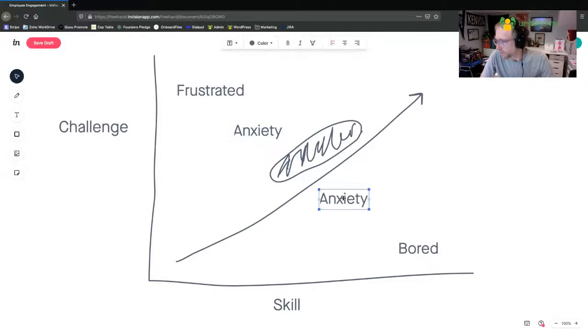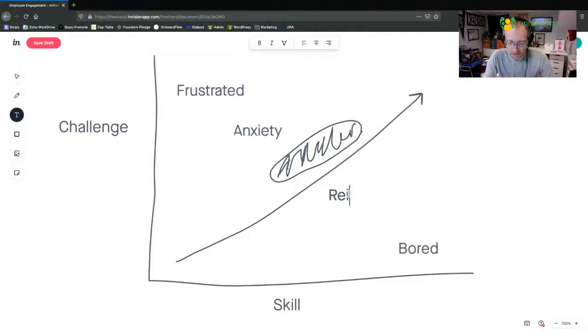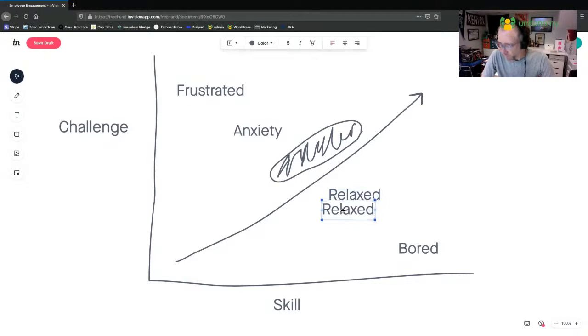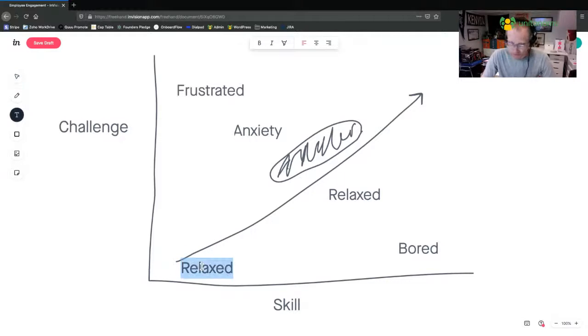And down here, if my skill level is pretty high and the game's not quite challenging enough, I can find a state where I'm relaxed. We're going to talk about this more in a minute as well. That's not necessarily a bad thing for certain types of experiences. And one more to label here: if there's really no challenge and I don't have much skill, down here, that's apathy.